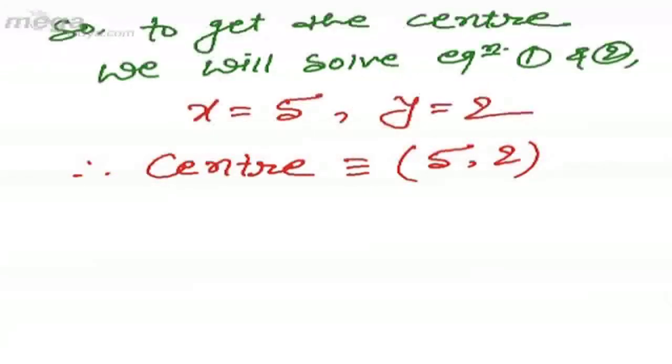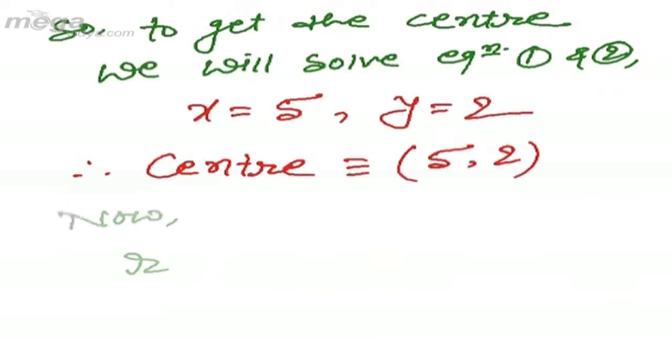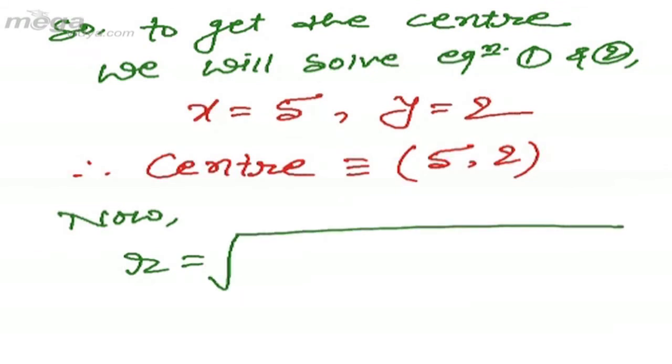To get the radius, now we'll use the other condition which says the circle is passing through the point (2, -7). So the distance between the center and the point will be the radius. Now we'll find the radius, which is root under the distance between (5, 2) and (2, -7).